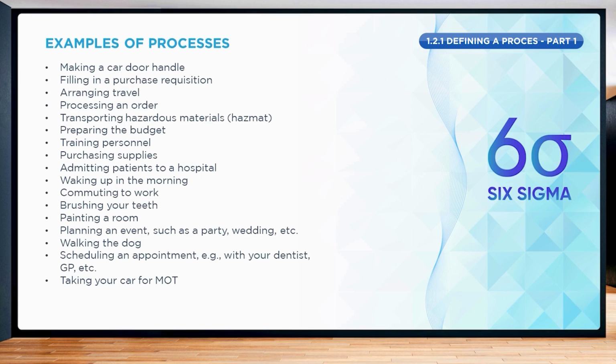Filling in a purchase requisition, arranging business travel, processing an order, transporting hazardous materials, which are known as hazmats, etc. So these are examples of business-related processes.